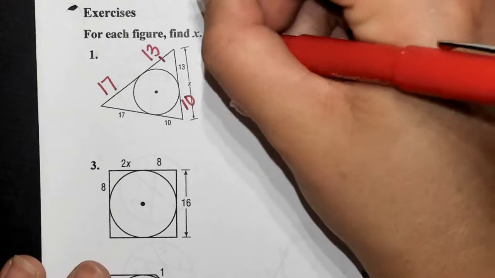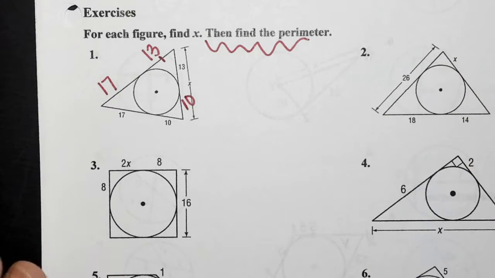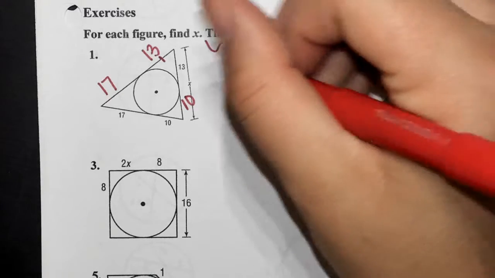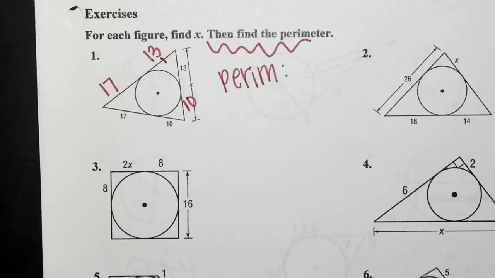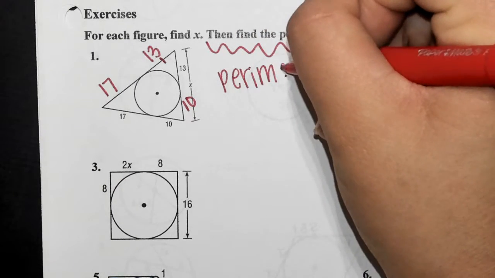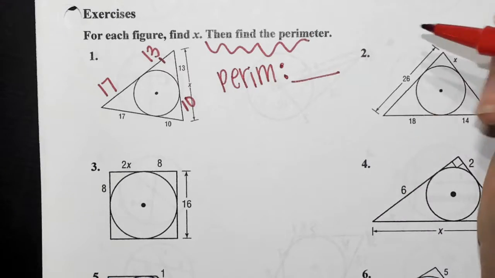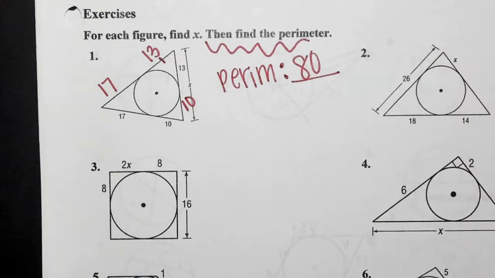So you're finding the perimeter, so add all those together. What's the perimeter? 80.